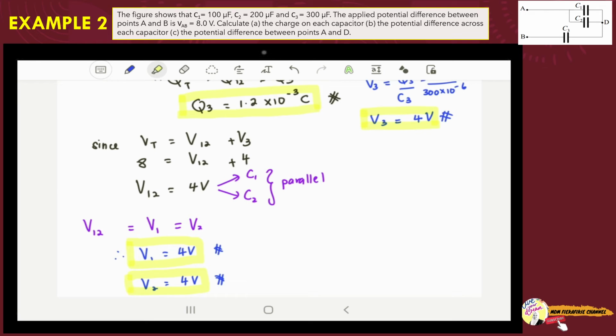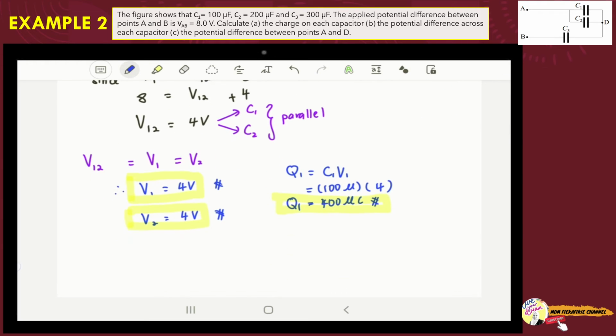Okay, and how about Q2 and Q1? So Q1 is equal to C1 V1. Okay, and we can directly substitute that C1 is 100 microfarad times the voltage is 4 and it's equal to, okay, so Q1 you will get 400 microcoulomb. Okay, so we got Q1. Okay, same goes to Q2.